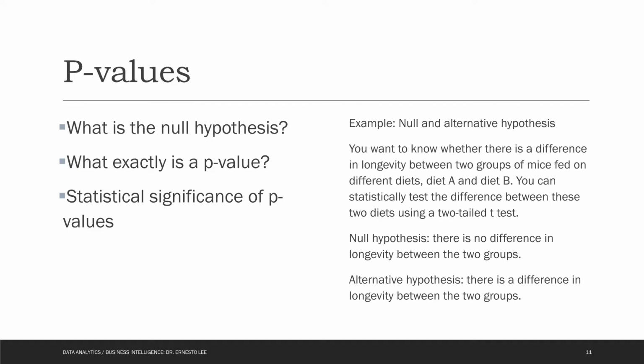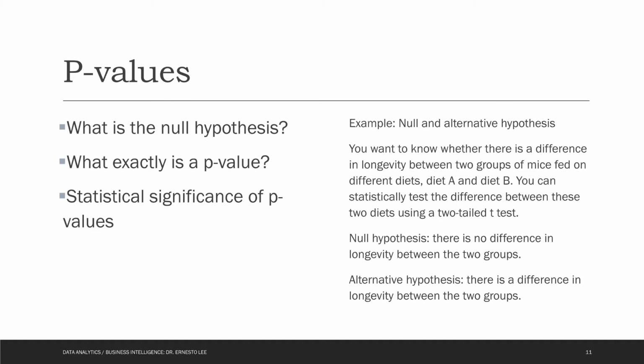There are all kinds of tests. One of them is called a two-tailed t-test, and the null hypothesis is that the difference between two variables or two groups is 0.